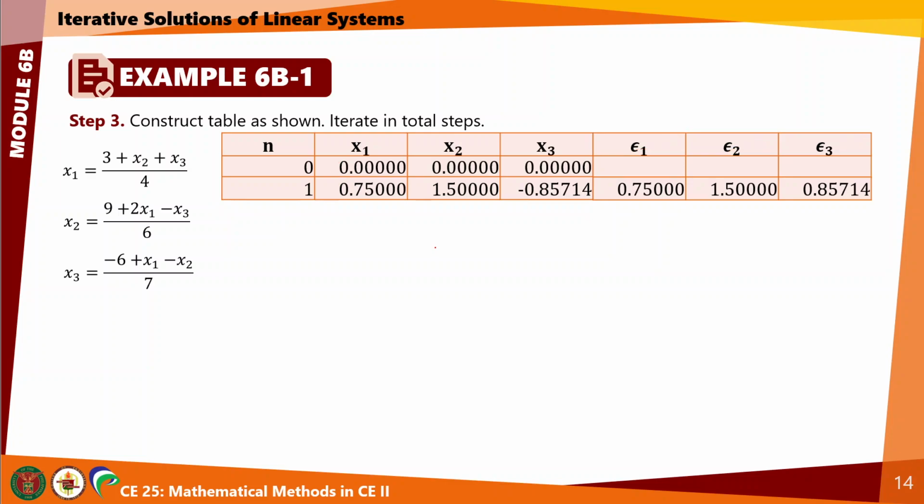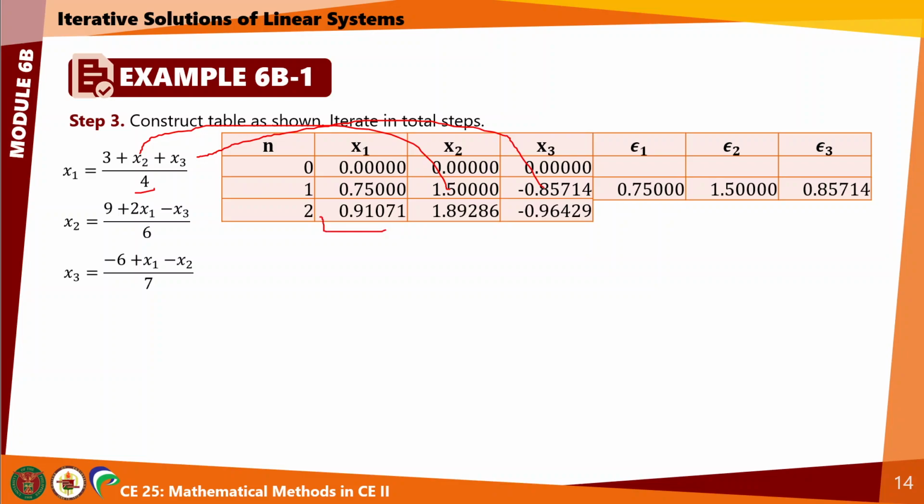For the third iteration, or iteration number 2, substitute natin yung previous value ng x sub 2 and x sub 3 dito. So we have 3 plus 1.5 minus 0.85714 divided by 4, we get 0.91071. Okay, and for x sub 2, substitute lang natin 0.75 kay x sub 1 and yung negative 0.85714 dito kay x sub 3.